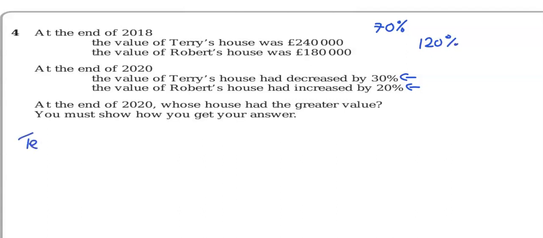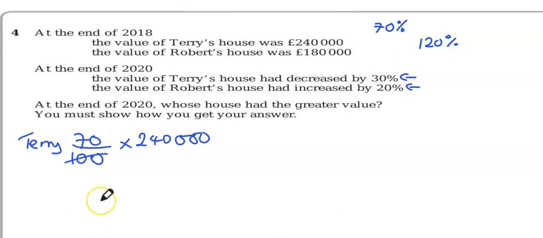So to find out what's going on with Terry, we do 70% of 240,000. And there we cast out the hundreds. And we've got 70 times 2400, which is 7 times 24 times 1,000.